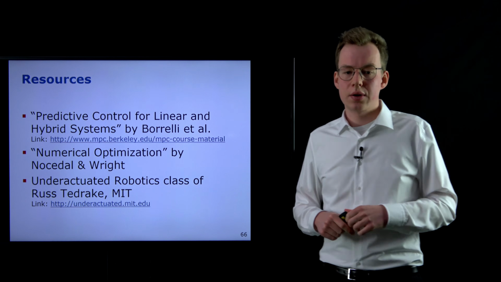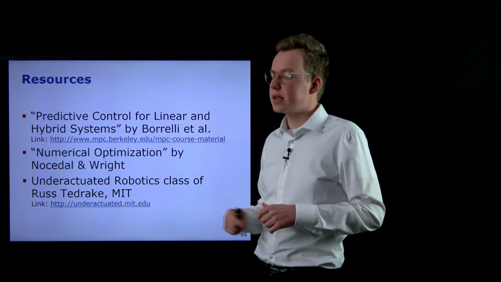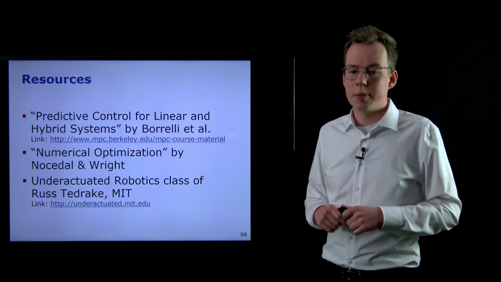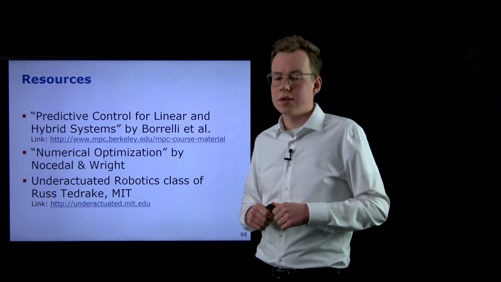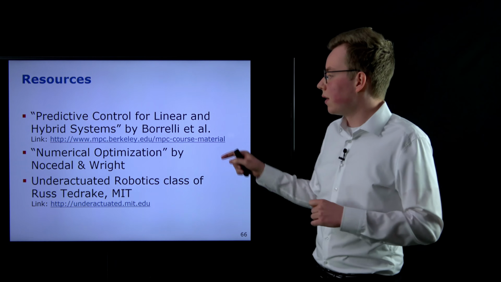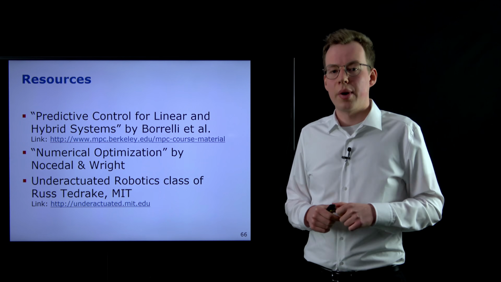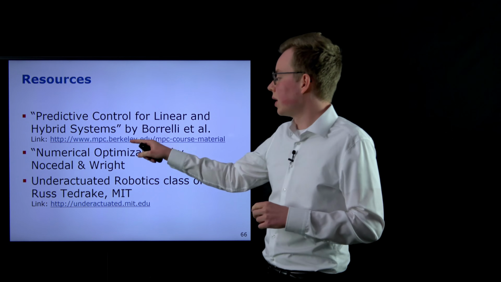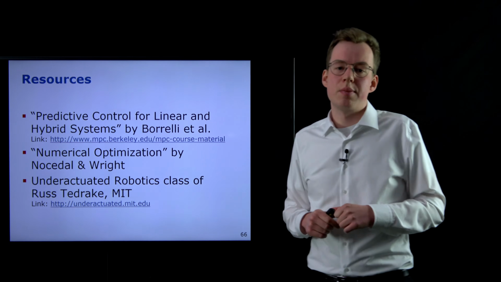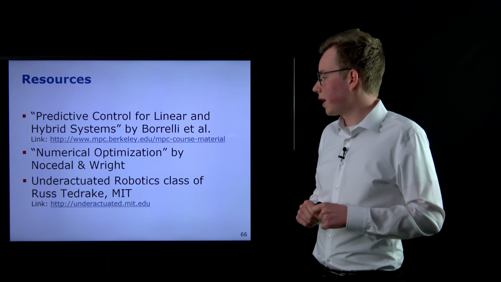Okay, so that concludes today's lecture. If you are interested in reading more about these topics, there are several resources that I can recommend. The first one is this book on predictive control for linear and hybrid systems by Francesco Borrelli, where also the lecture material for this MPC class from Berkeley is available online.